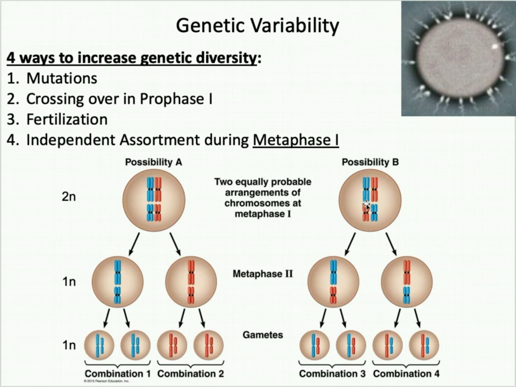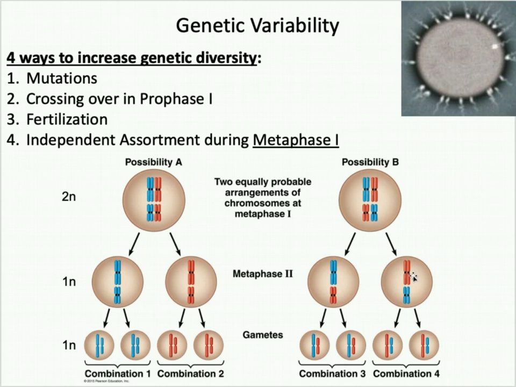These will separate from their homologous chromosomes in Anaphase 1 to line up in Metaphase 2 right here, and these will separate to line up in Metaphase 2 here. And the sister chromatids will separate.